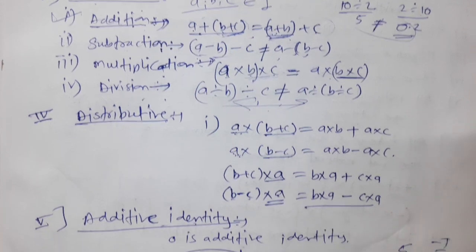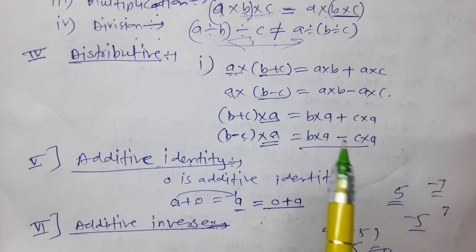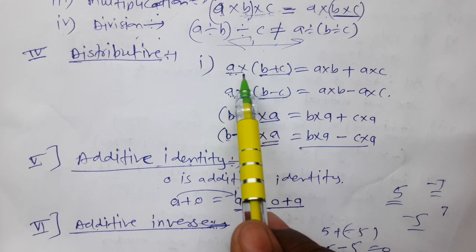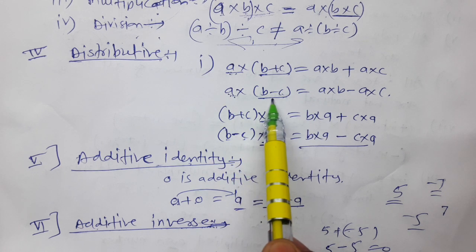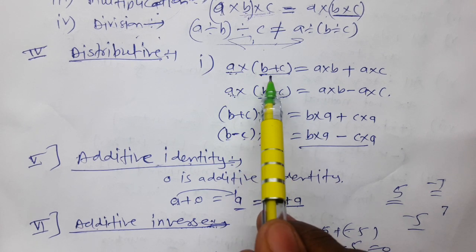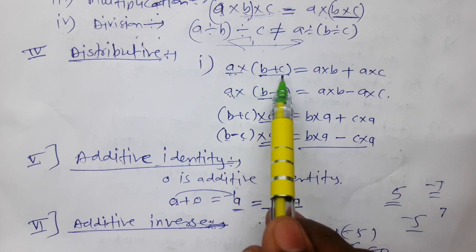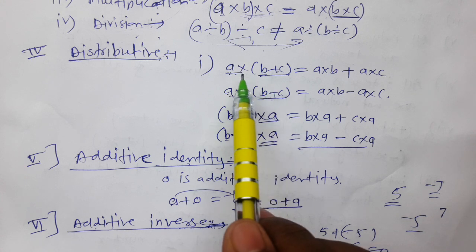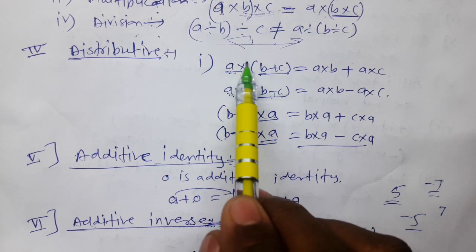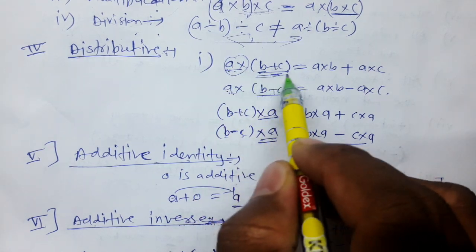Next is the distributive law. There are two distributive laws: the distributive law of multiplication over addition and the distributive law of multiplication over subtraction. In the bracket there is addition or subtraction, so we have to multiply the bracket with a.